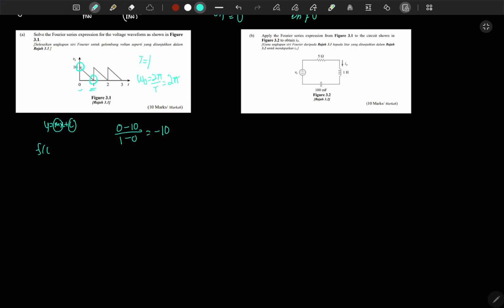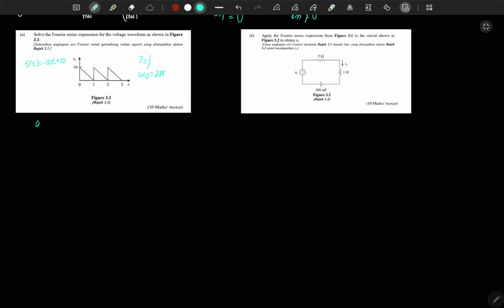So our function here is negative 10 times x, which is our t now, plus 10 as our c. So this is the function for the graph, right? So w0 was 2 pi.